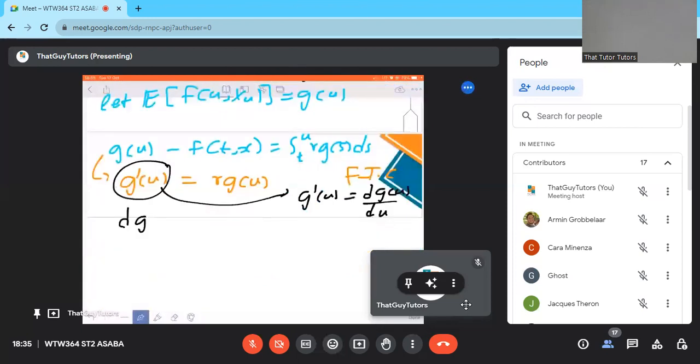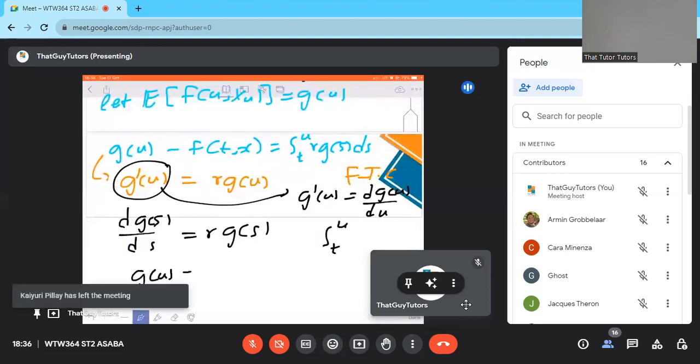I'm sure most of you can already see where this is going. If you change this to s, so that you have the integral from time t to u, then g of u is going to be equal to g of t e to the r times u minus t. So this would be your solution. Is there any question on how to find this solution?